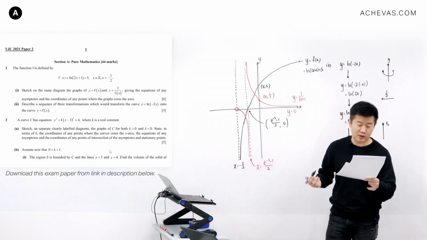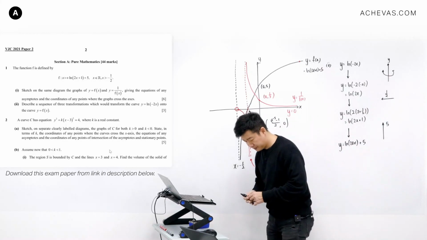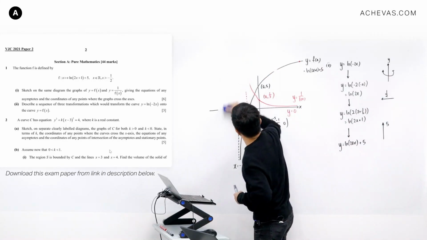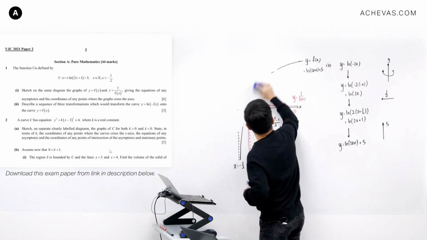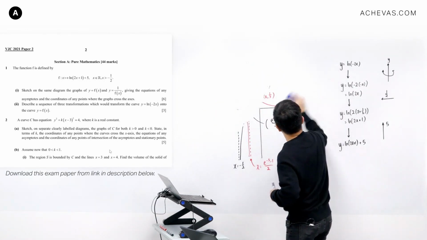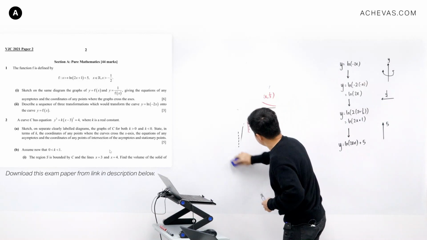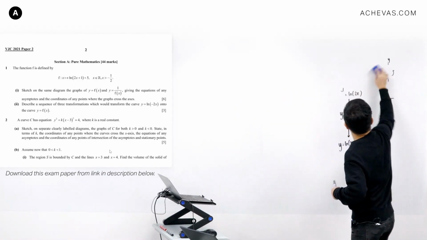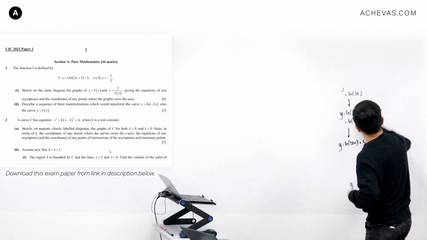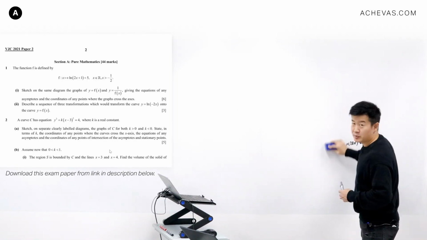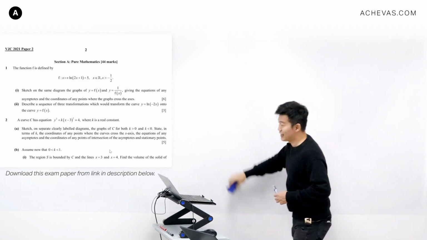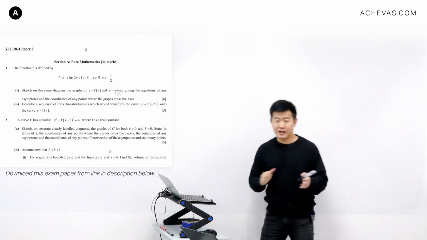Let's move on. Let's take a look at question number 2. Question number 2 is a very interesting question to me because of this unknown k that is going to be defined in 2 ways.